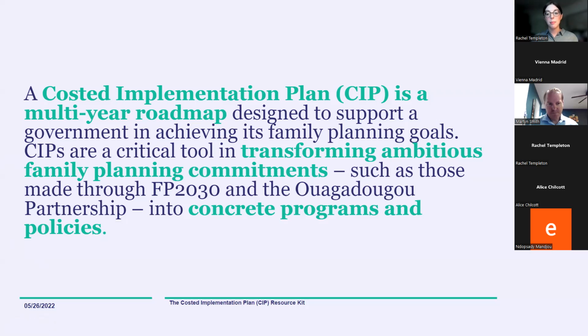CIPs can be particularly useful in transforming ambitious family planning commitments, for instance Family Planning 2030 commitments made under the Ouagadougou Partnership, or many others, into concrete programs and policies. And we have seen in practice the critical role that CIPs can play in FP programming over the past 10 years or so, and across many countries.